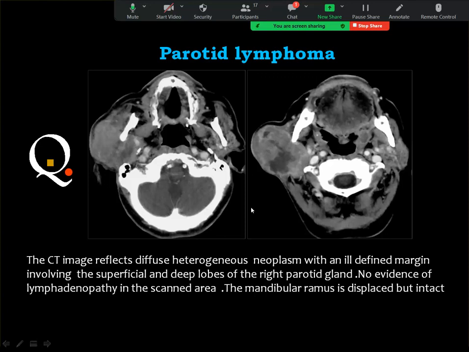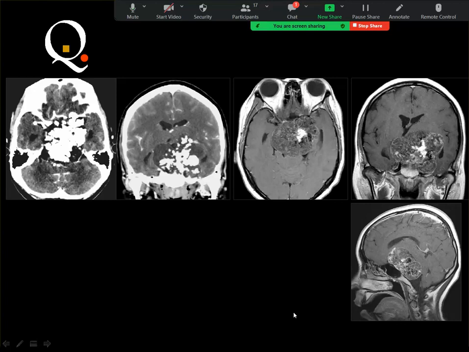PET scan is not a diagnostic tool. It cannot differentiate carcinoma from lymphoma from metastasis. The best way is to go first for biopsy. Then, if the biopsy shows a malignant lesion and you need to stage it, you may get the help of a PET scan.